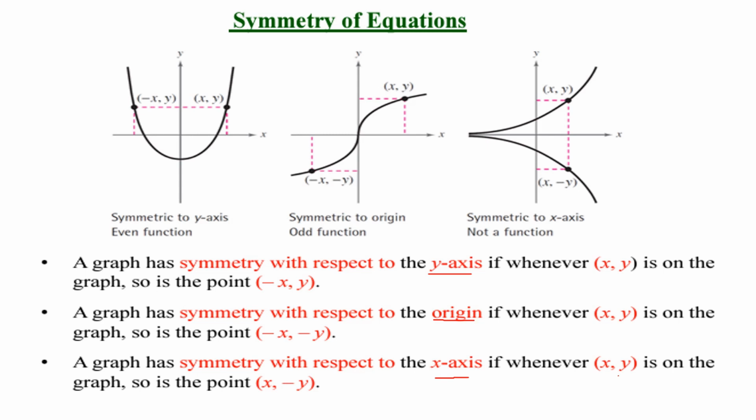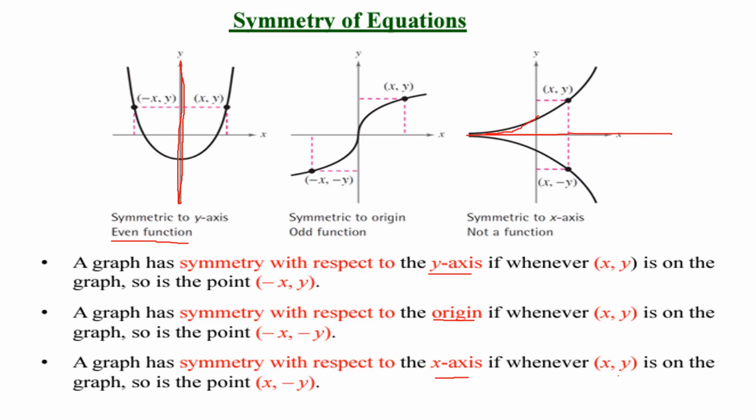But in picture representation, how can we find whether the graph is symmetric? See, the first graph is symmetric with respect to the y-axis. And by the way, even functions are always symmetric with respect to the y-axis. When you divide the graph with the y-axis, the left and right sides are a mirror image. So we can say the graph is symmetric with respect to y. For the x-axis, you can divide through the x-axis and look at that.